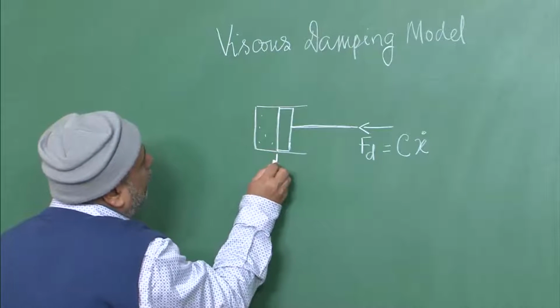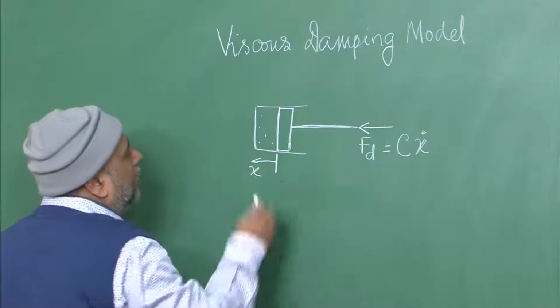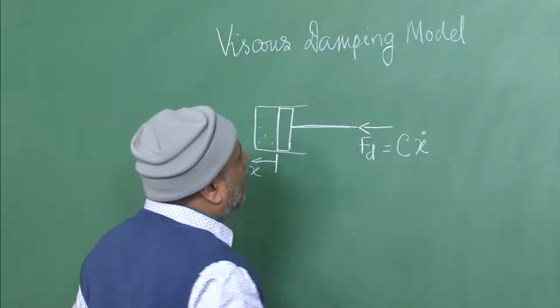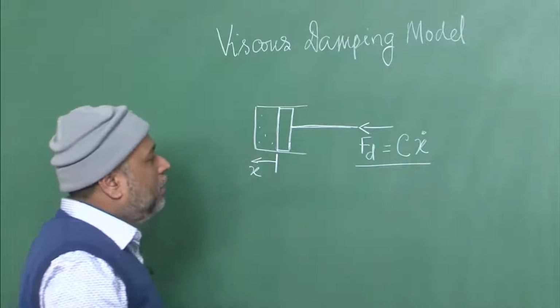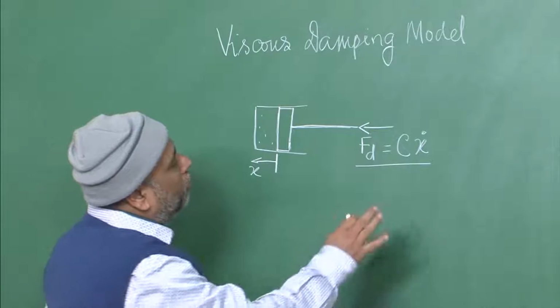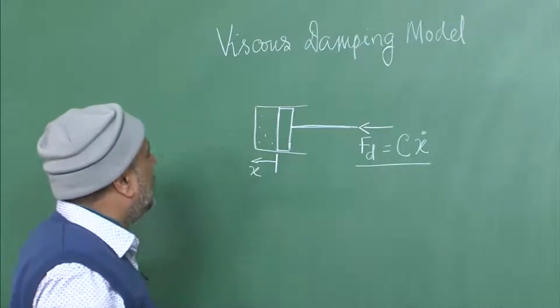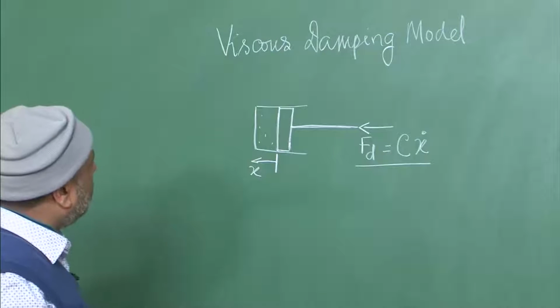So, if this fellow moves at a displacement x, the velocity is x dot. So, the damping force is modeled as proportional to the velocity of the system, and hence F d equals C x dot, and this is the conventional representation of the system.